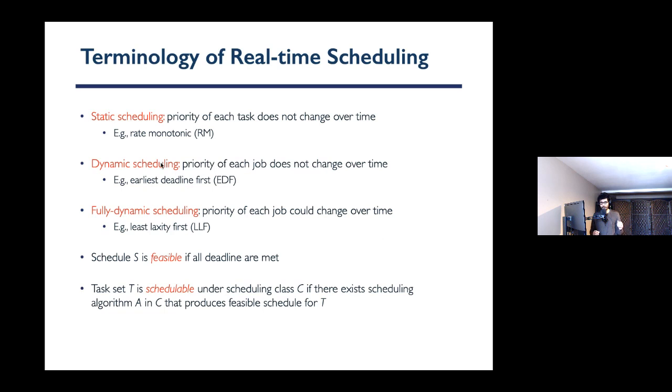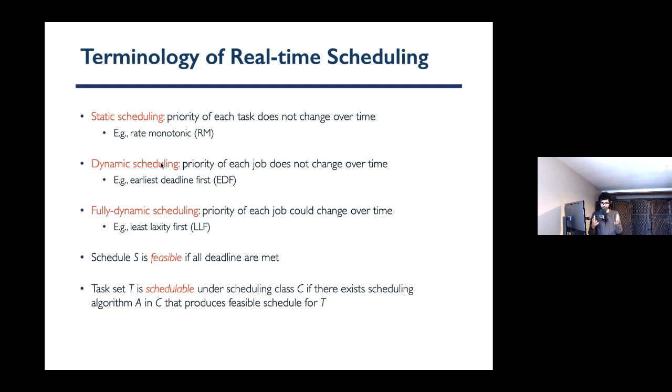So I say it again. There are 3 elements. One is a set of tasks, so fix a set of tasks. The second element is to fix a class of scheduling: static, dynamic, or fully dynamic, or even go further and say online schedulers, right? That's a bigger class. So set a class.